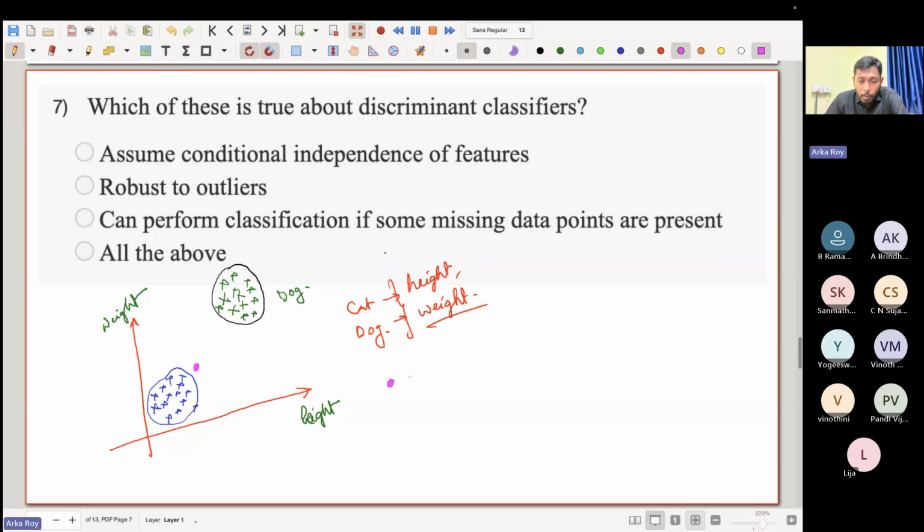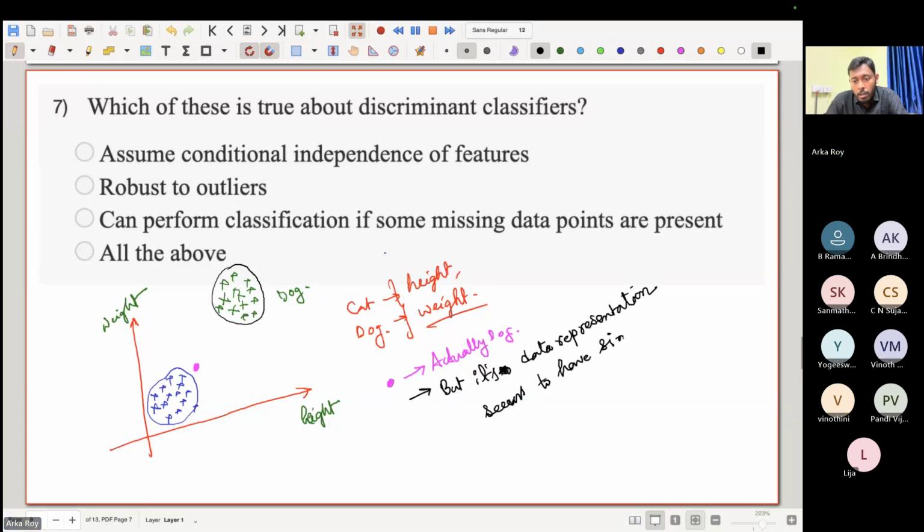So this particular point is actually a dog, but its data representation seems to have similar characteristics as the cat class.